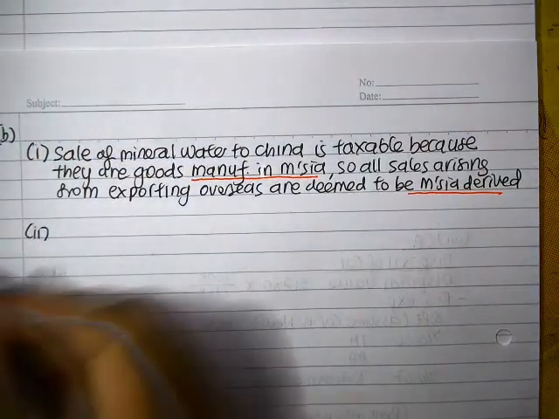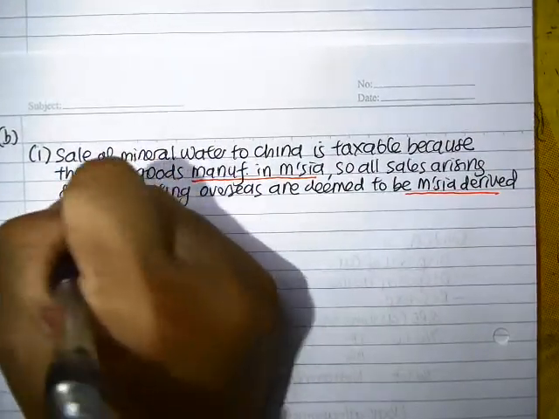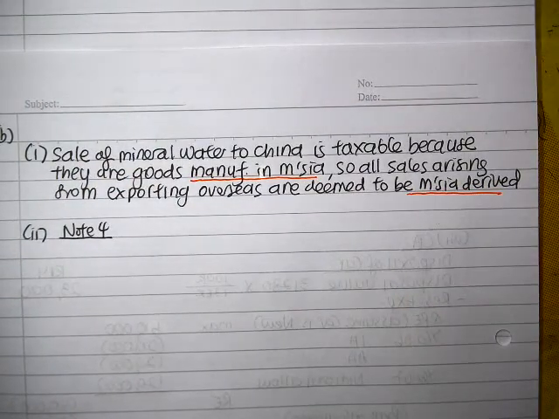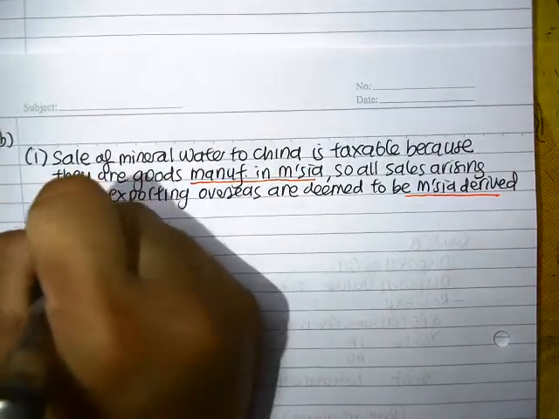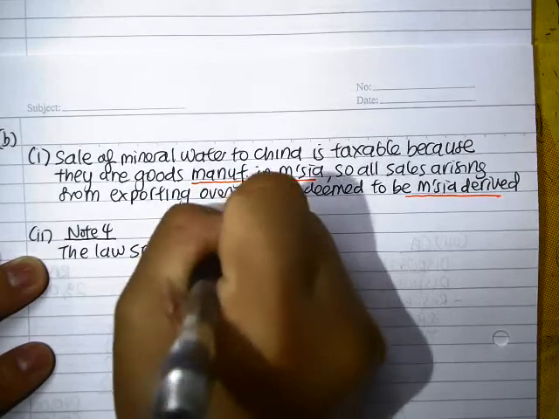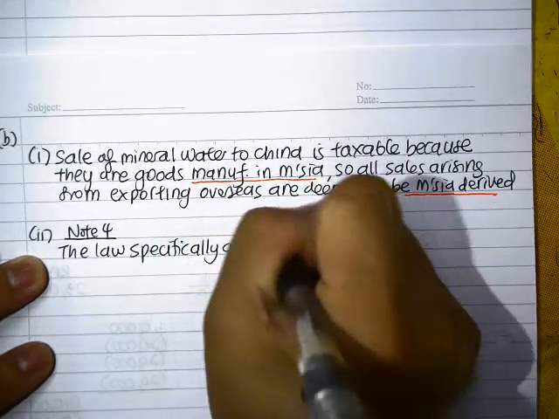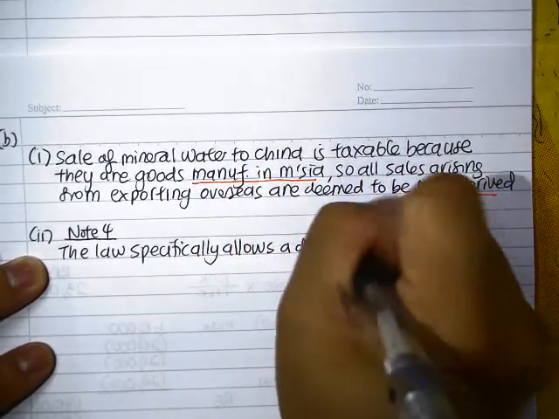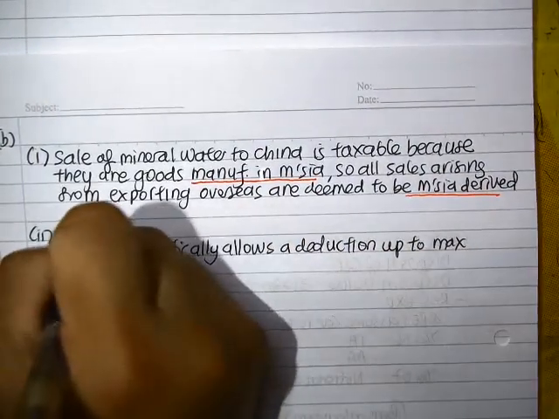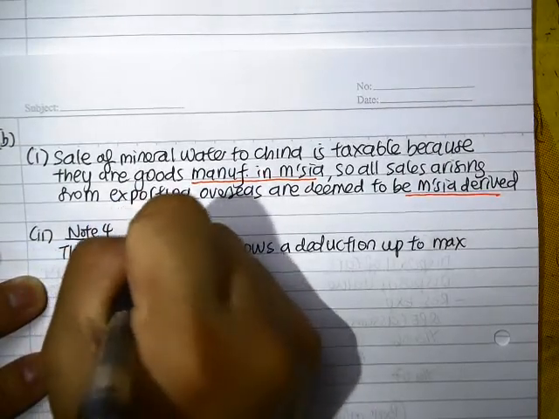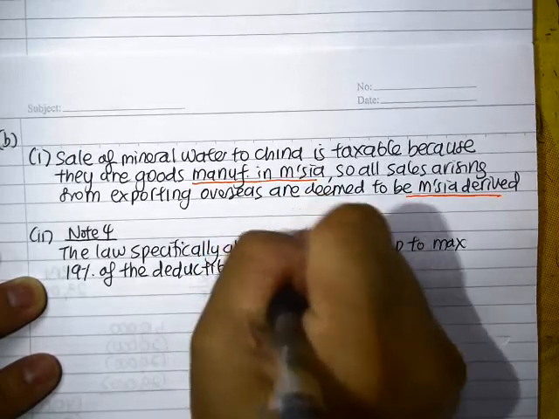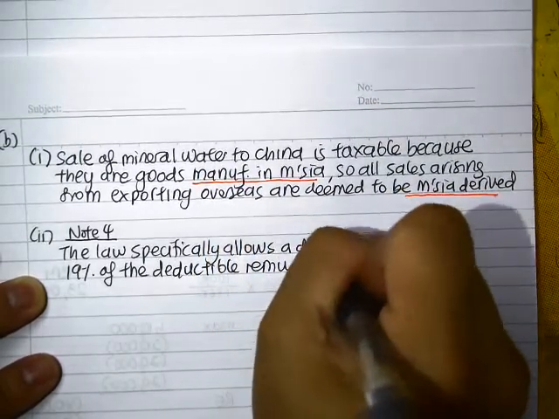Okay, number 2. They ask you to explain note number 4. So what's note number 4? Now that's EPF. Okay, EPF is easy lah. Now the law specifically allows a deduction up to maximum 19% of the deductible remuneration.